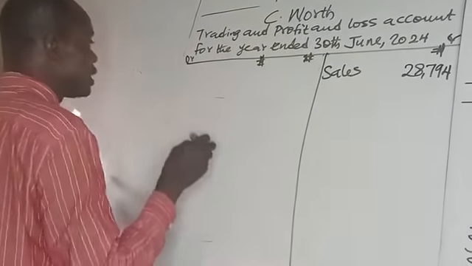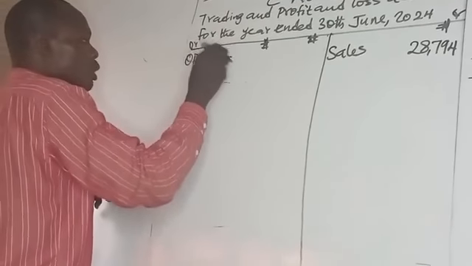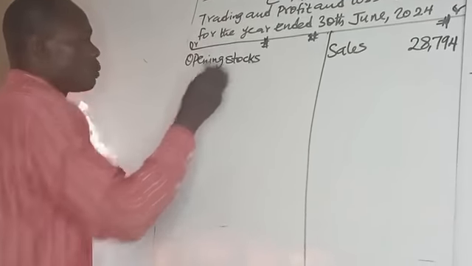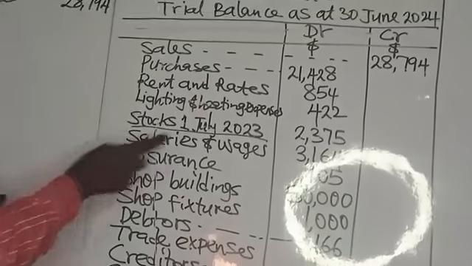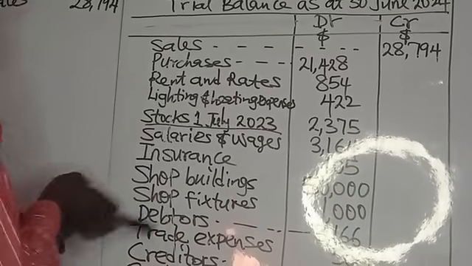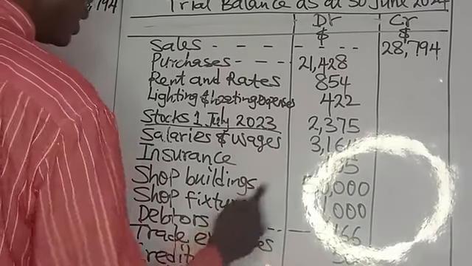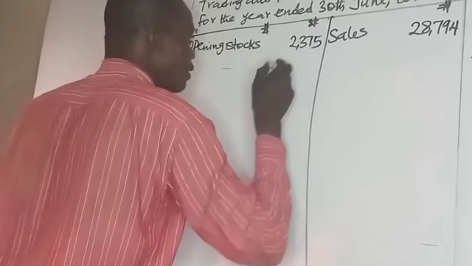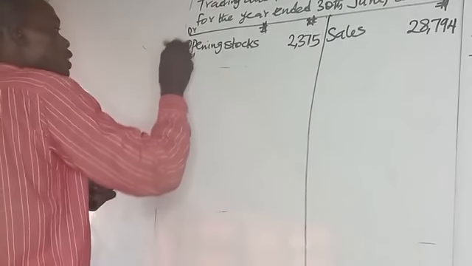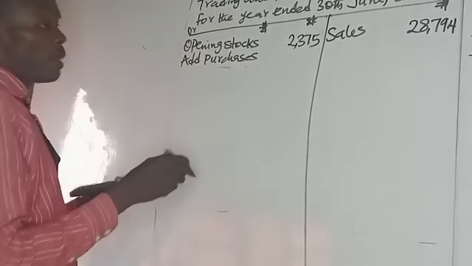At the left hand side, you start with opening stocks. Go through your trial balance. How much is our opening stocks? You are given stocks at 1st of July 2023, 2,375. Opening stocks amounted to 2,375. I've told you that you are going to add purchases to this. Go back to the question.